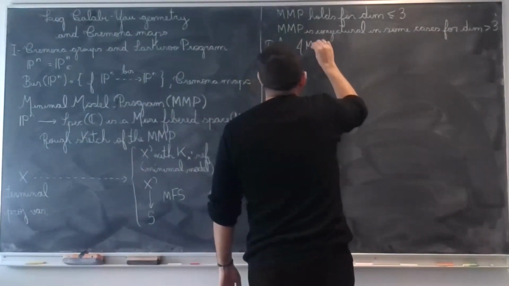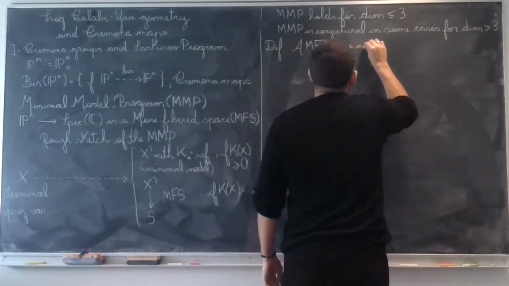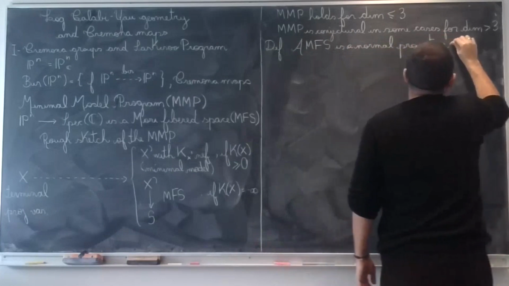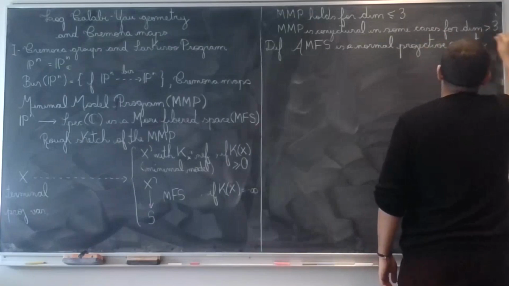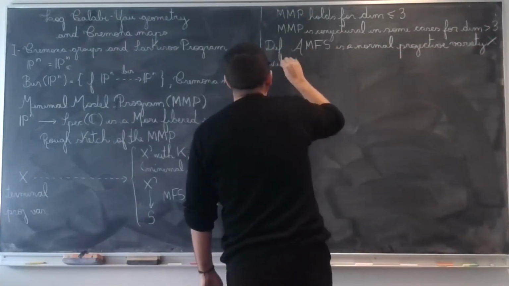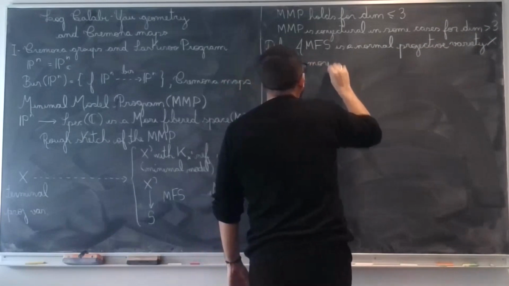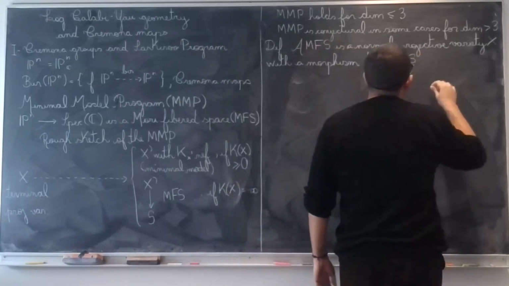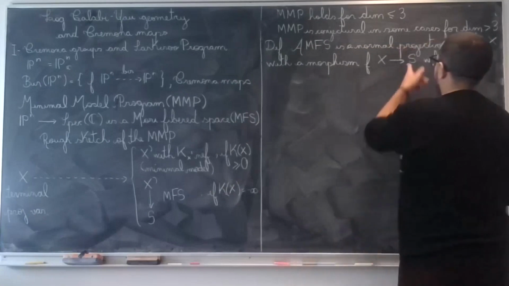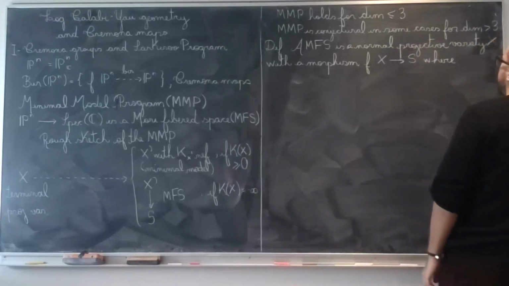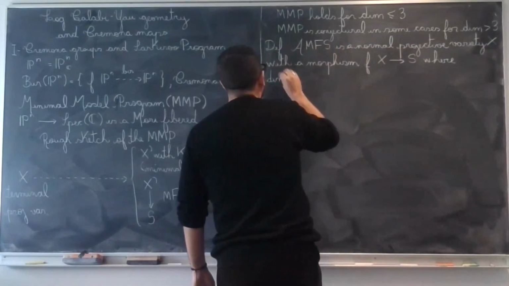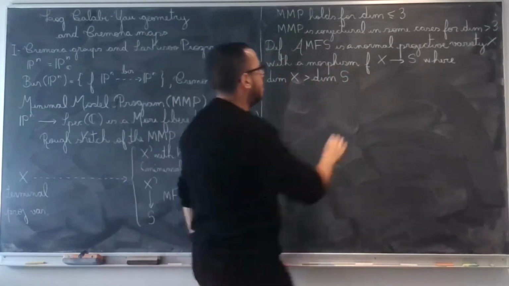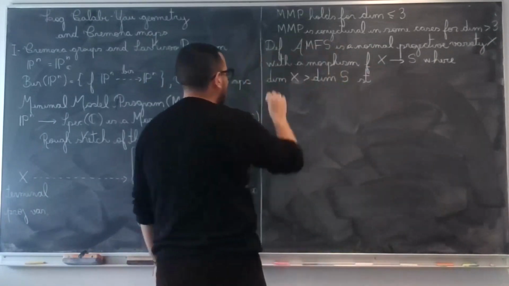A Mori fiber space is a normal projective variety X with a morphism f from X to S, where S is a lower dimensional variety, such that it satisfies the following properties.